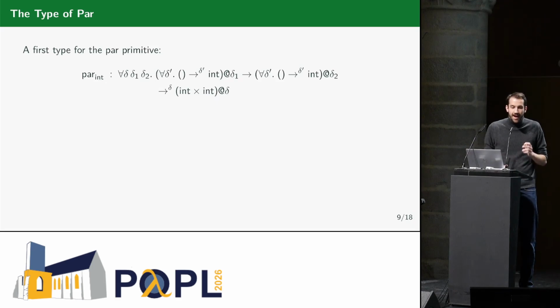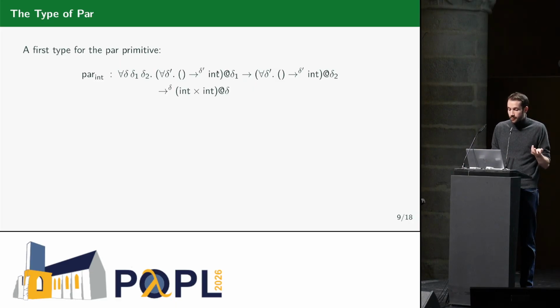All right, now the interesting part about par. As we will see, the type of the primitive par is quite non-trivial. So I start with a very specialized type, when we have two closures that will return an integer, an unboxed integer. Here this type universally quantifies over delta, the timestamp at which we are going to call par, and two irrelevant timestamps of the two closures.